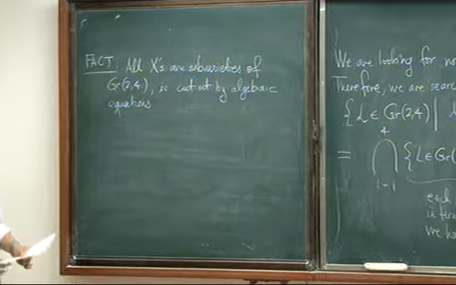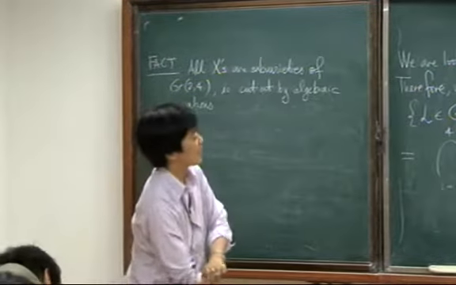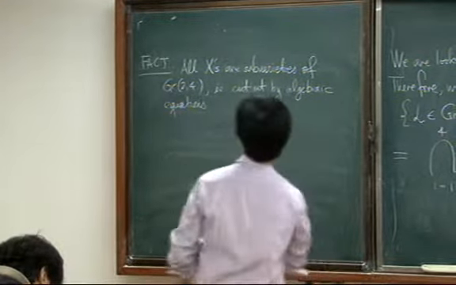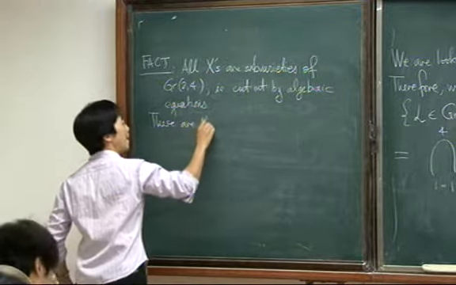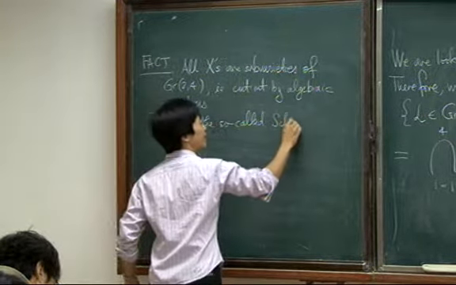So these are also all varieties. And of course I should say, because it's not said yet, these are the so-called Schubert varieties.